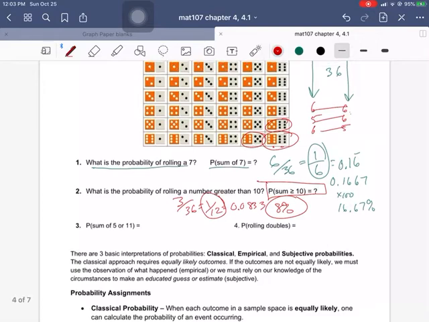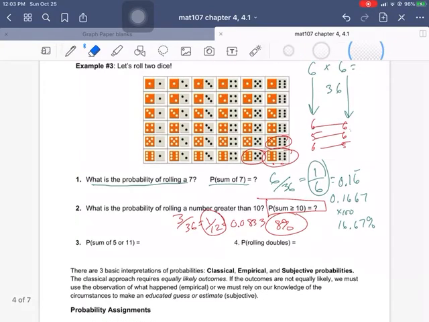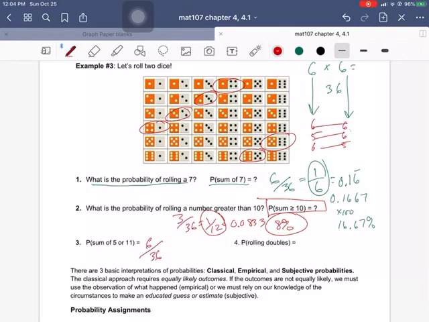Okay, the sum of 5 or 11. All right, let me go back up here for a second and erase this. All right, sum of 5. How do we get a 5? There's a 5, there's a 5, there's a 5, there's a 5, or an 11. There's an 11, there's an 11. 1, 2, 3, 4, 5, 6 out of 36, which is also 1/6.